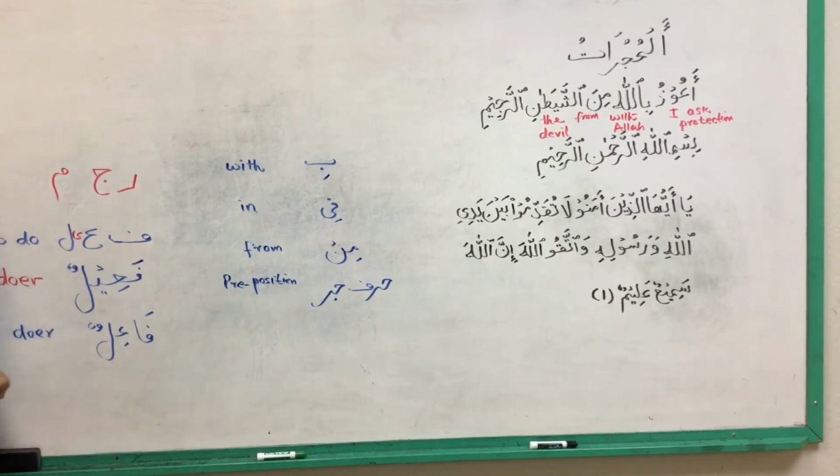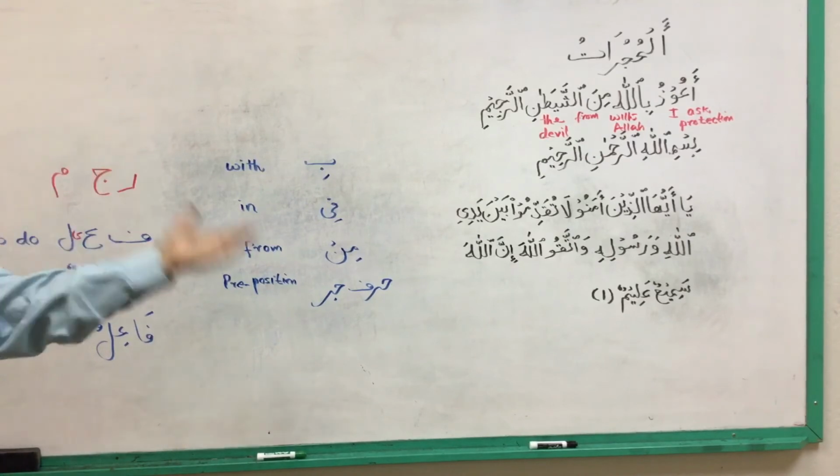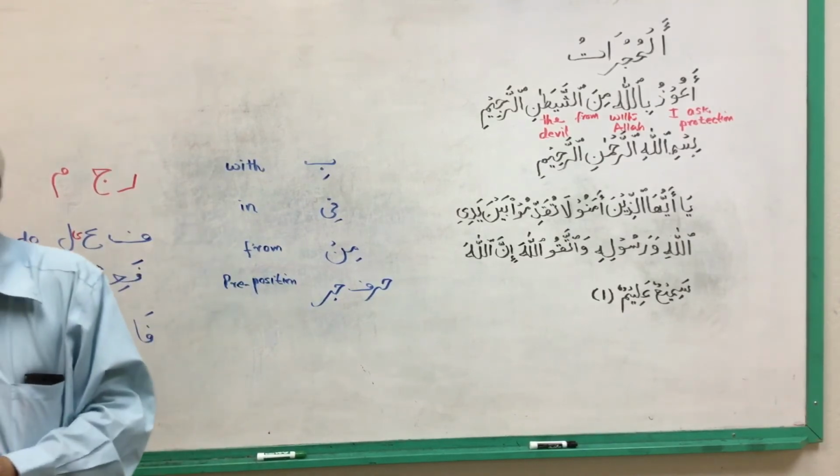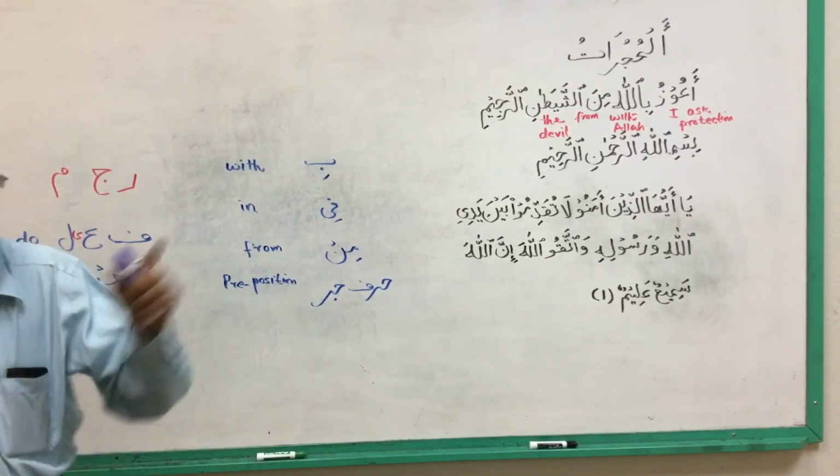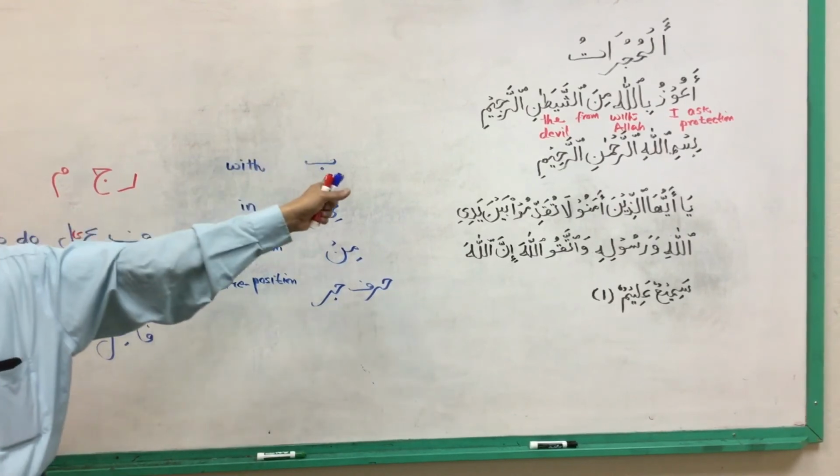Okay? So fa'il is intensity. Rajama means to curse or to throw a stone. Rajimun is someone who has the intensity of curse on him. And it is a title given, or a sifat given, to shaitan, because it's defining the shaitan.